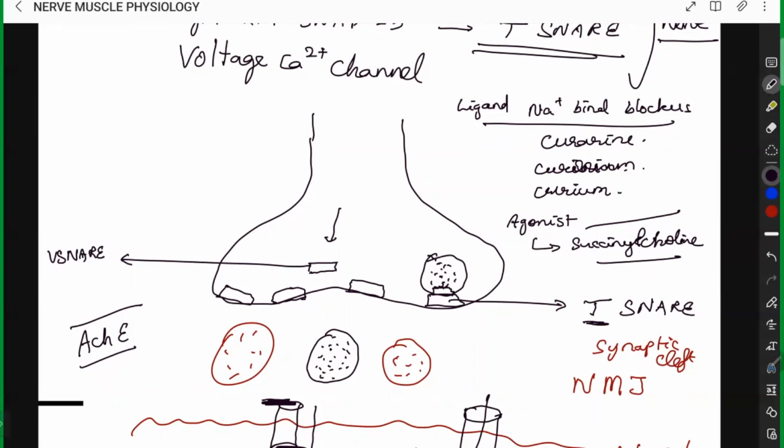This is what you're going to apply in a poisoning case, like a farmer who takes fertilizers or pesticides, consuming and ingesting that, and they will be coming to you.